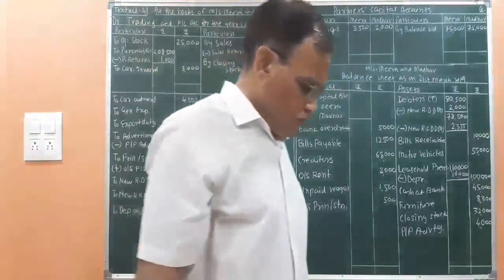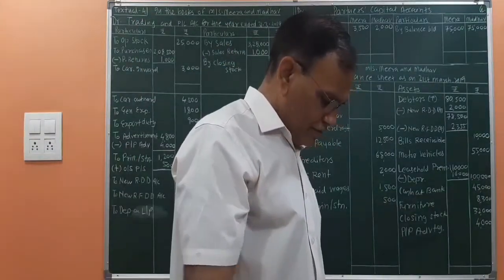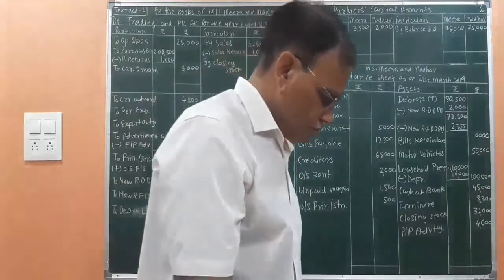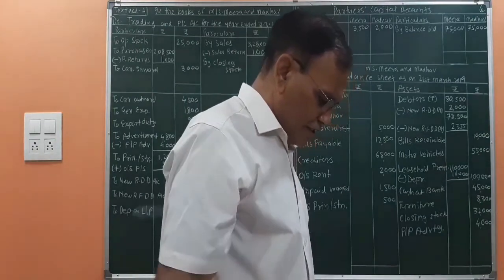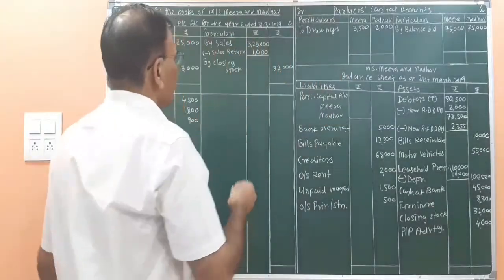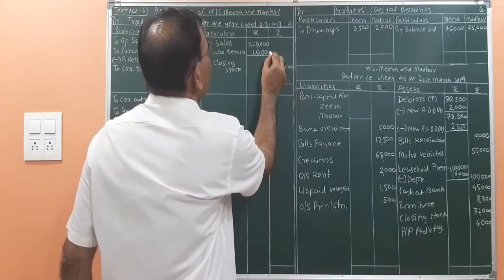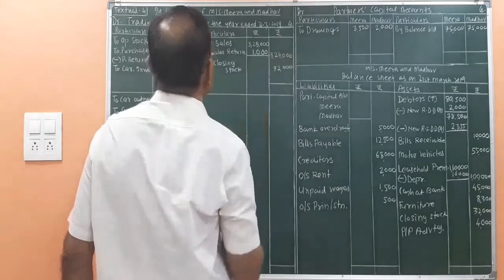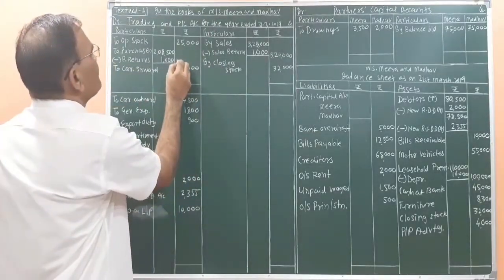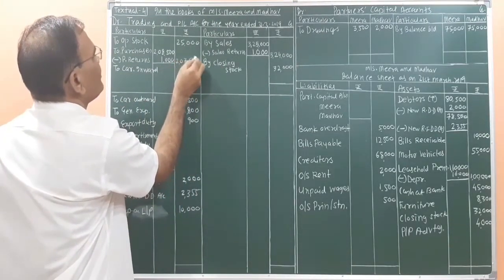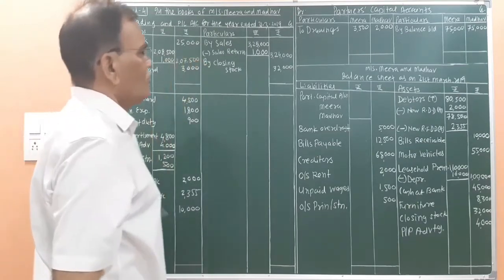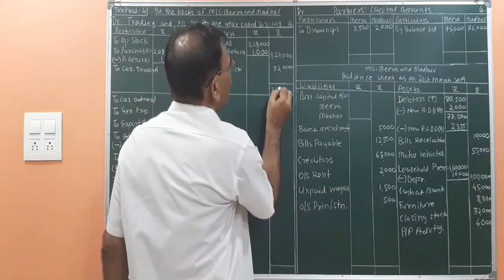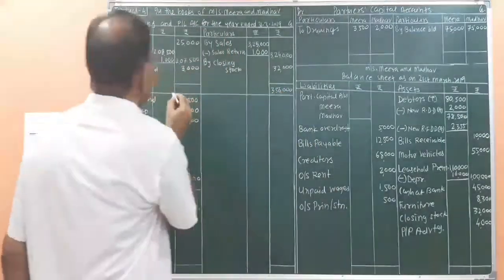Okay. So all the adjustments are over, and now we'll see the inner column is to be casted to the outer column. Here 3,25,000 minus 1,000 is 3,24,000, and 2,07,500. Now the total of the credit side is 3,56,000.